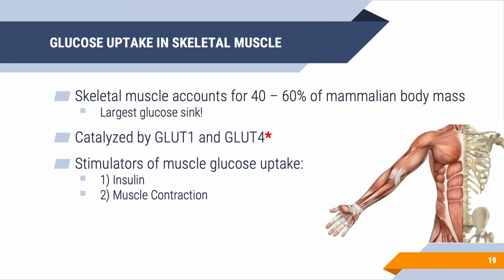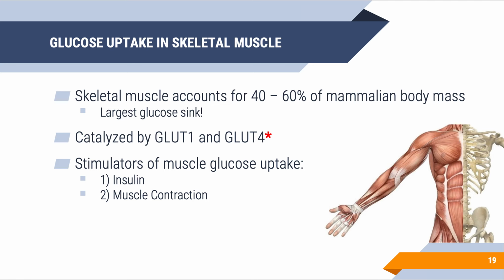Thinking about glucose uptake in skeletal muscle. Skeletal muscle, again, is this major sink for glucose because it comprises about 40 to 60% of a mammal's body mass. As opposed to the liver, the major glucose transporters in skeletal muscle are GLUT1 and GLUT4.